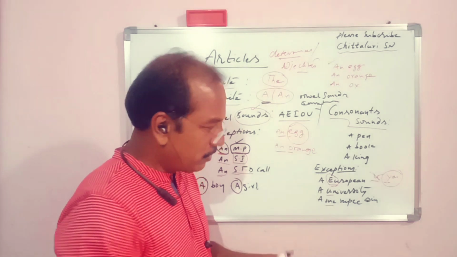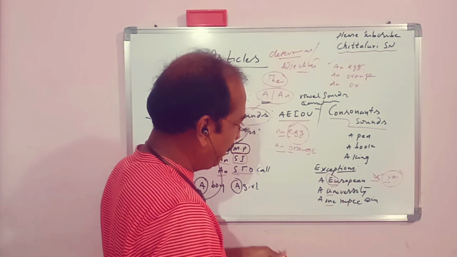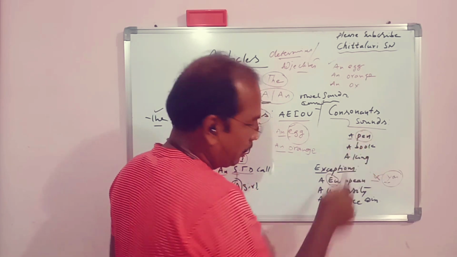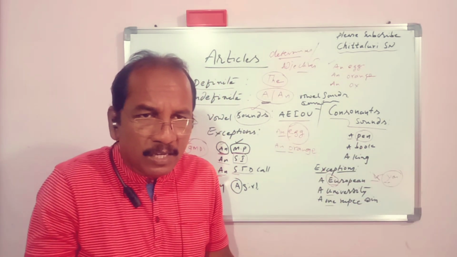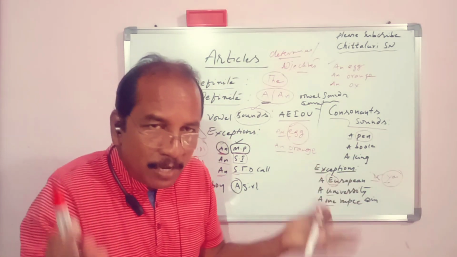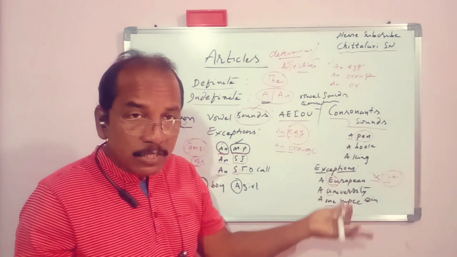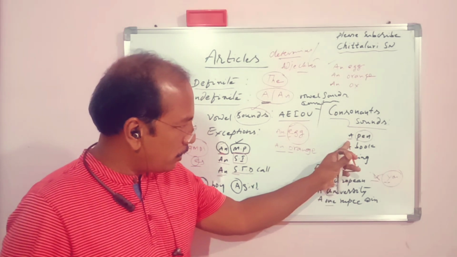Is it clear, friends? Coming to this, for example, pen, P-E-N. You are supposed to write the article a here because the first letter is a consonant. The word starts with the consonant P and also has a consonant sound. So before consonant sounds, you are supposed to use the article a.